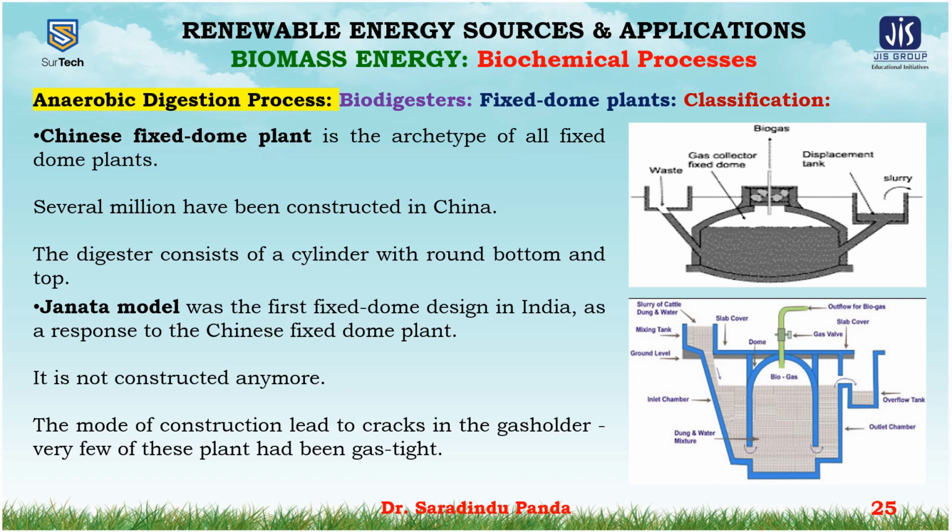The mode of construction led to cracks in the gas holder. Very few of these plants had been gas tight. The digester is cylindrical in shape, constructed with bricks and cement, using material other than cattle dung such as municipal waste and plant residues. The diameter to height ratio is 1.75:1.